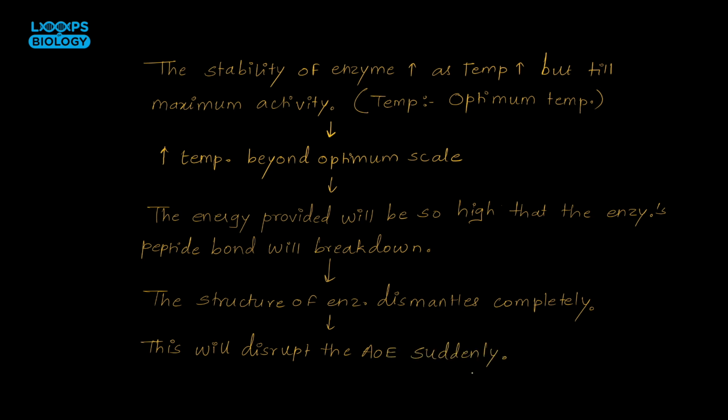So if I'm talking about pH, there will be a gradual decrease or gradual increase, but whenever I'm talking about the enzyme activity based on temperature, that is a gradual increase but a sudden decrease after the temperature rises beyond the optimum scale. Got it? These were the different conditions in which the enzyme is acting differently.